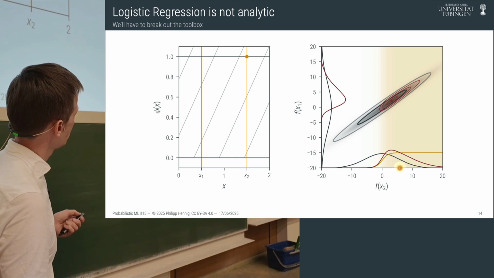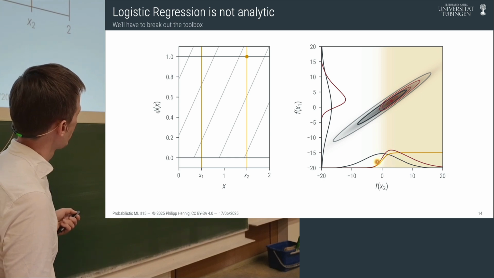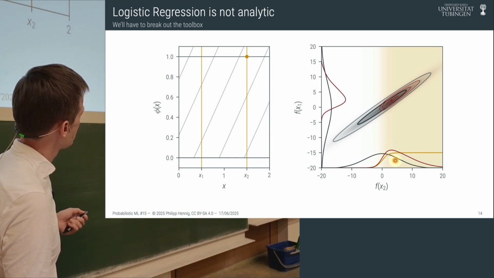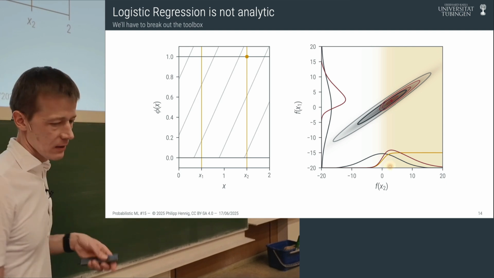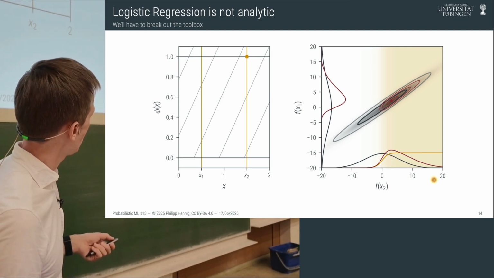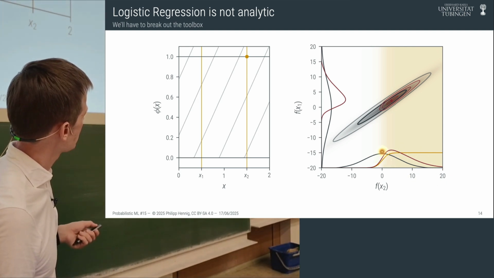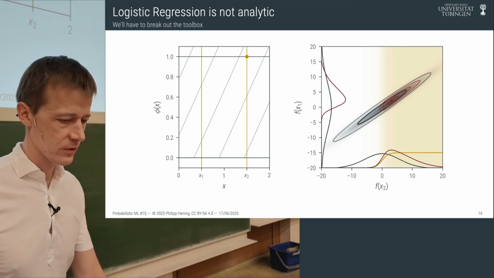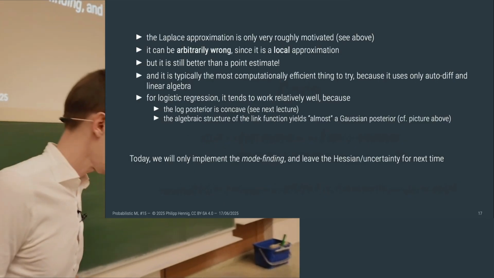I haven't plotted this here, but I'll show you a picture in a moment. This distribution may be missing a lot of the mass in the tails if this curvature is very high.